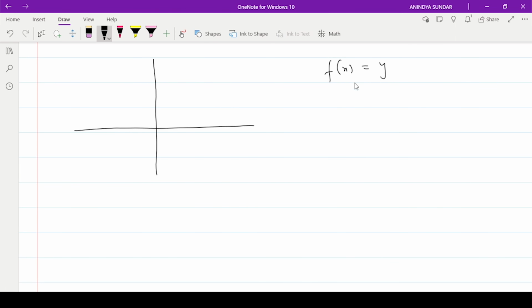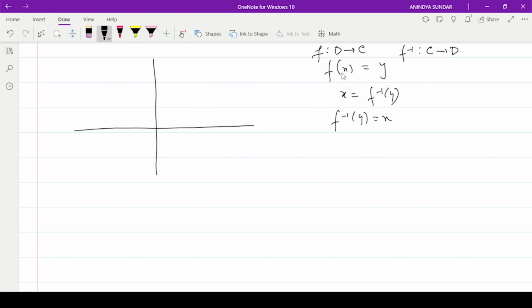If this function is invertible, now I can write x equal to f inverse y. That means f inverse y is equal to x. So suppose D is the domain and C is the codomain, and my inverse function will look like this from C to D. So the domain and codomain change their place.